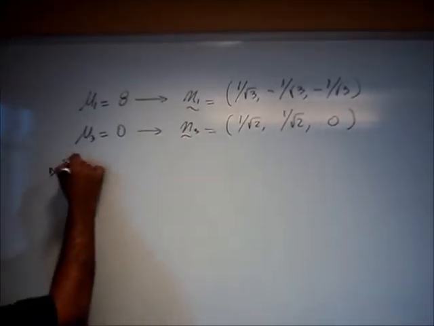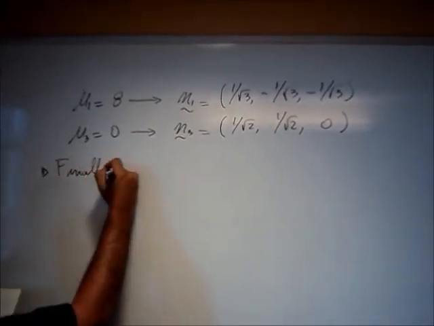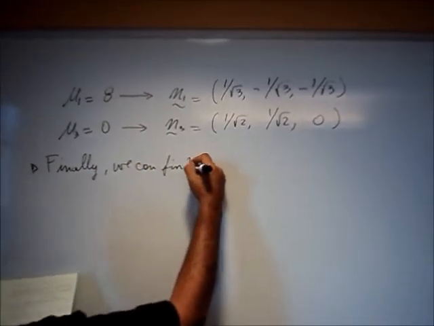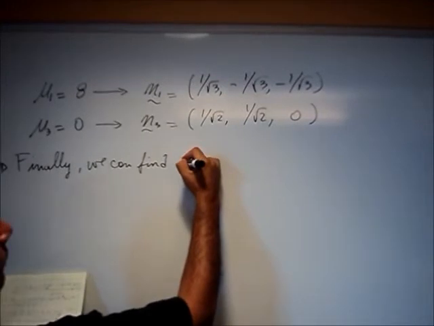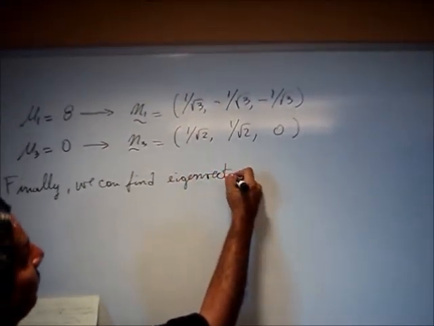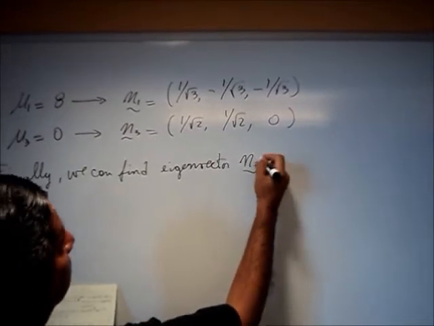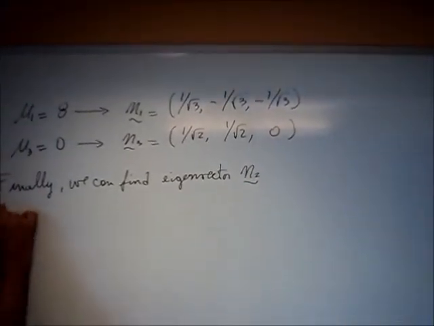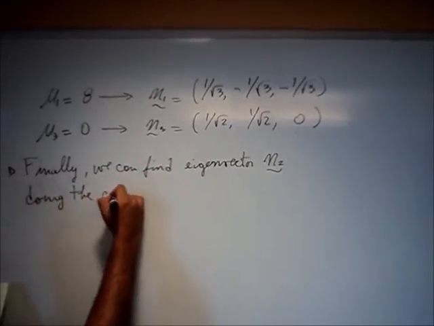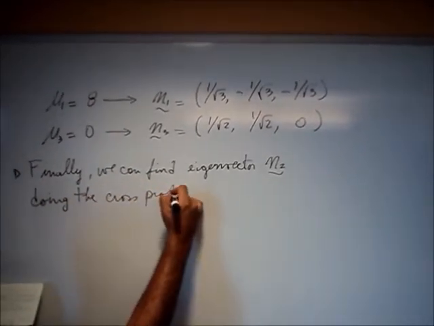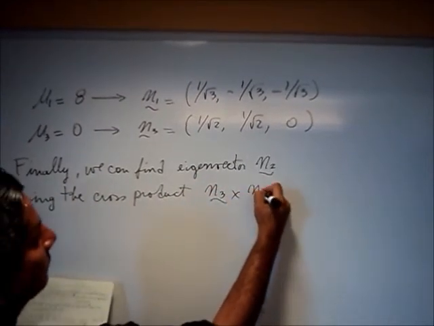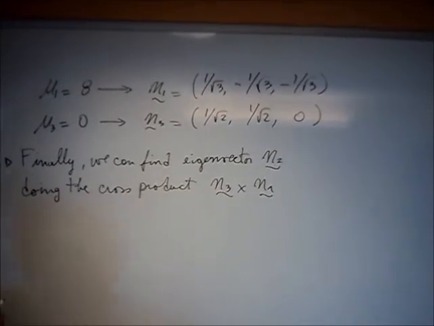Finally, we can find eigenvector n2 doing the cross product n3 cross n1.